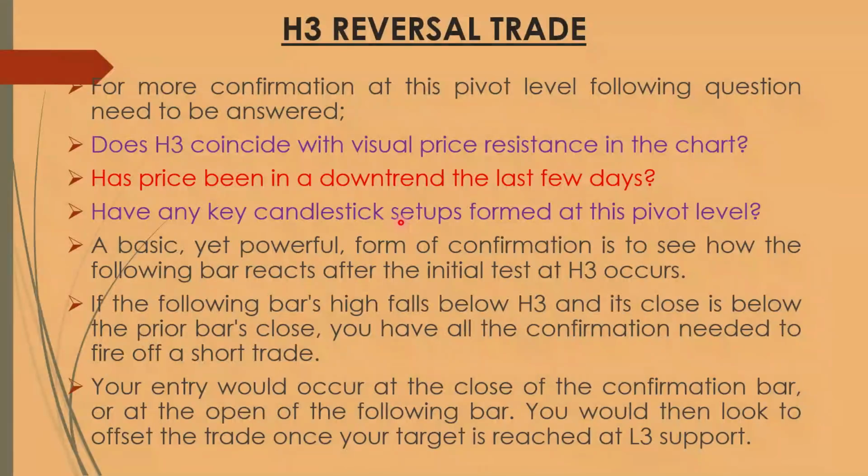If the following bar's high falls below H3 and its close is below the prior bar's close, you have all the confirmation needed to fire off a short trade. Your entry would occur at the close of the confirmation bar or at the open of the following bar. You would then look to offset the trade once your target is reached at L3 support.